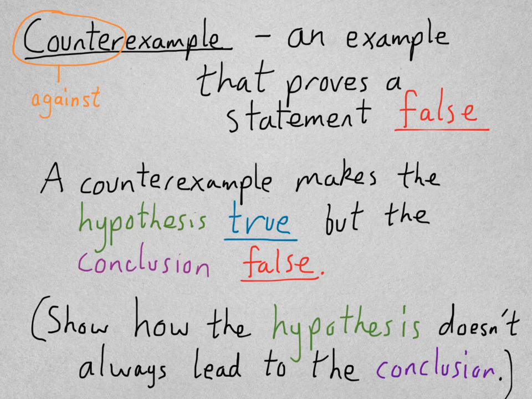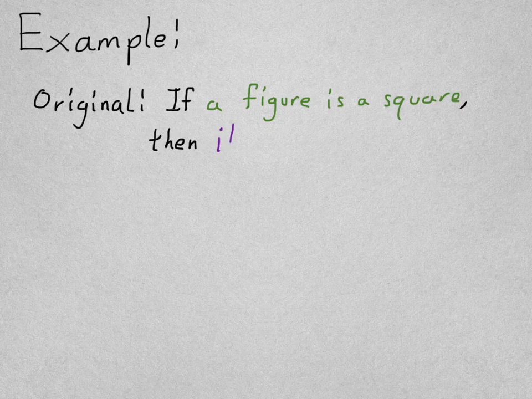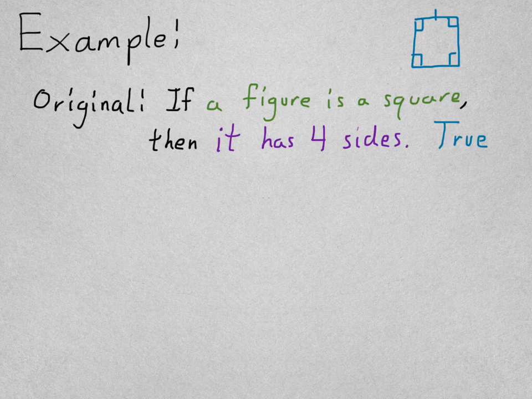It would make sense to have an example of a counterexample again, wouldn't it? Alright, so let's look. Here's our original statement. If a figure is a square, then it has 4 sides. What do you think? Is that true or false? That's true. Every square has 4 sides, so that would be true.